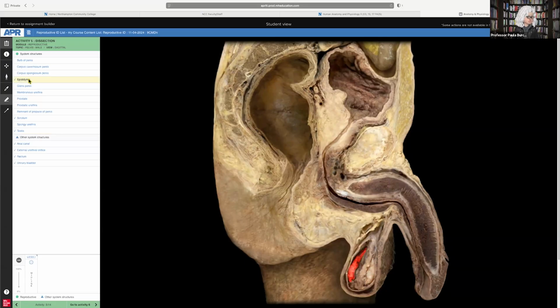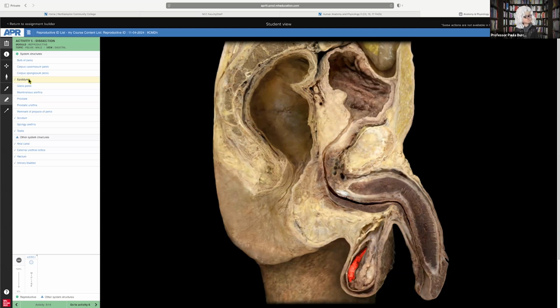The epididymis is a comma-shaped structure that is on the external surface of the testis. During ejaculation, the sperm then will move into the ductus deferens or vas deferens. You can't see that in this view, but we will see the ductus deferens in another view.